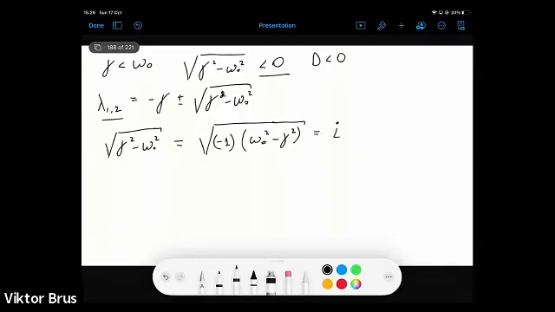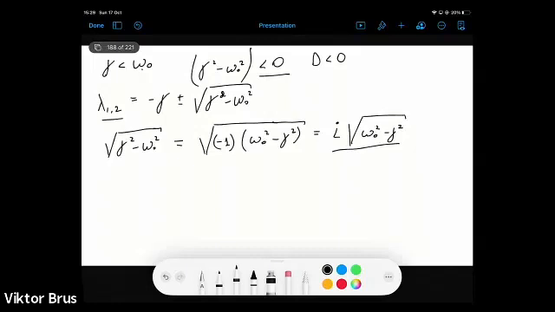So we can write i times square root of omega naught square minus gamma square. So this is the complex form of our solution, because we know that gamma is smaller than omega naught, and that's why this expression will be correct to write just like this, without the square root of gamma square minus omega naught square being smaller than 0.